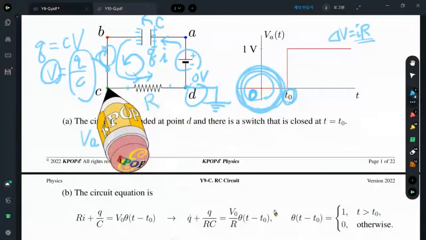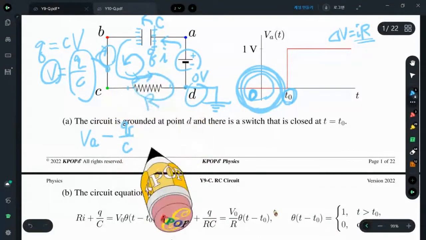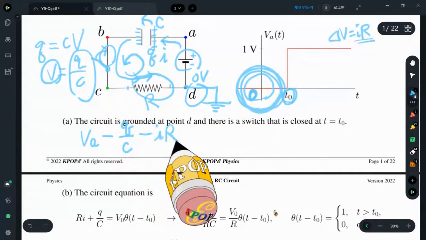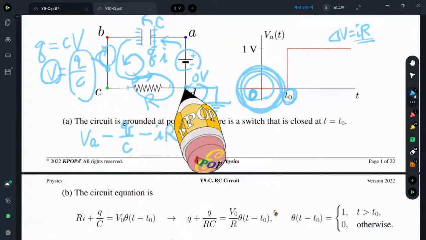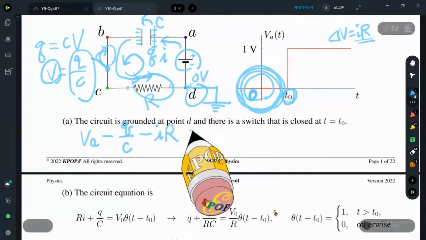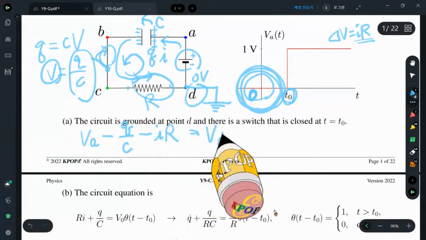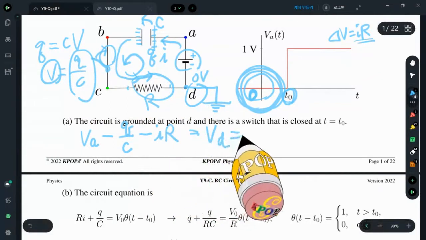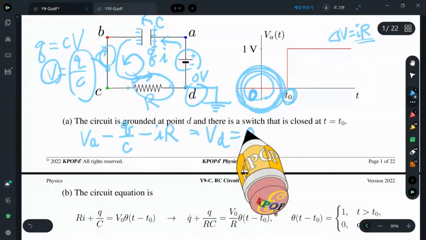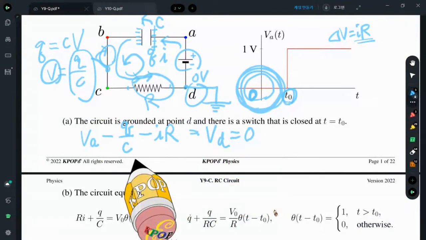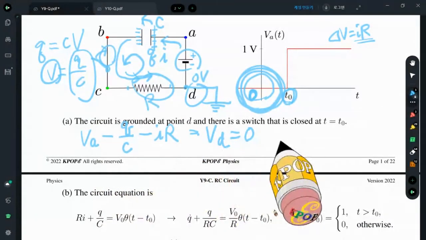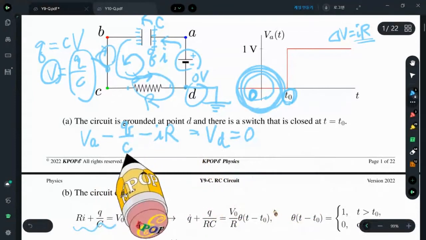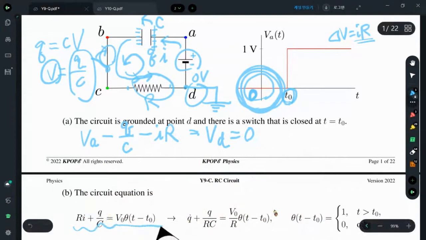So when you pass through this resistor, you have to subtract IR. And when you return to here, this is the potential of D, and we were told that this is exactly 0. And from here, we can write Ri plus Q over C equals VA.